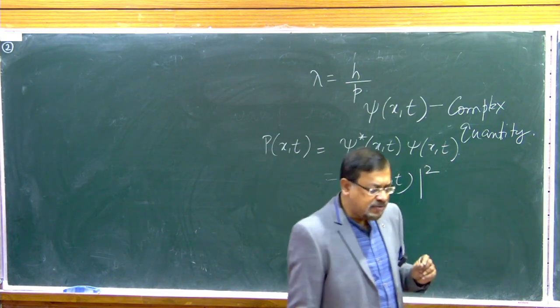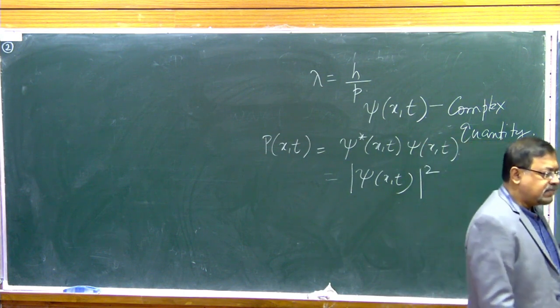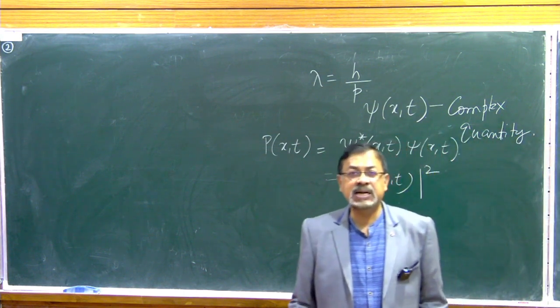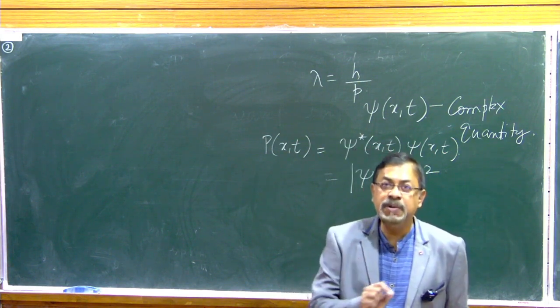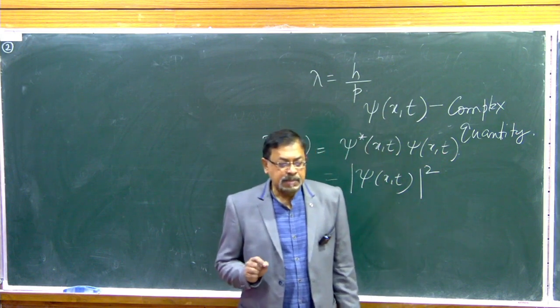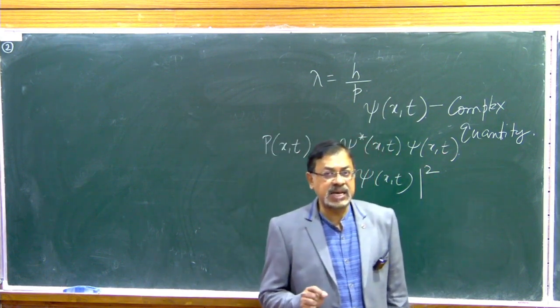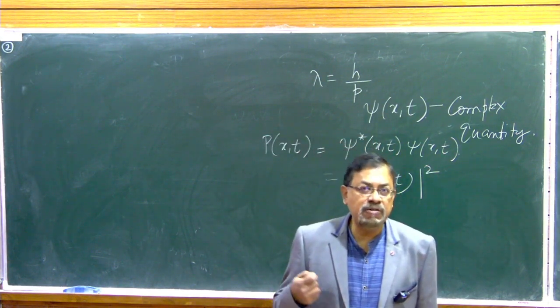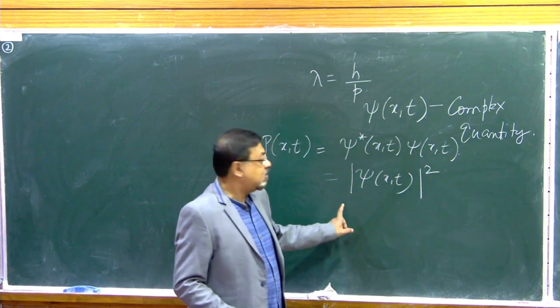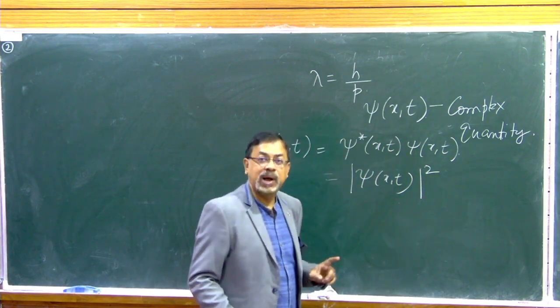So this reinforces our probabilistic interpretation of quantum mechanics, that you cannot say that the particle would be found at a given space-time point x and t, but at the most what you can say is the probability of finding it at this point is given by this mod psi square.